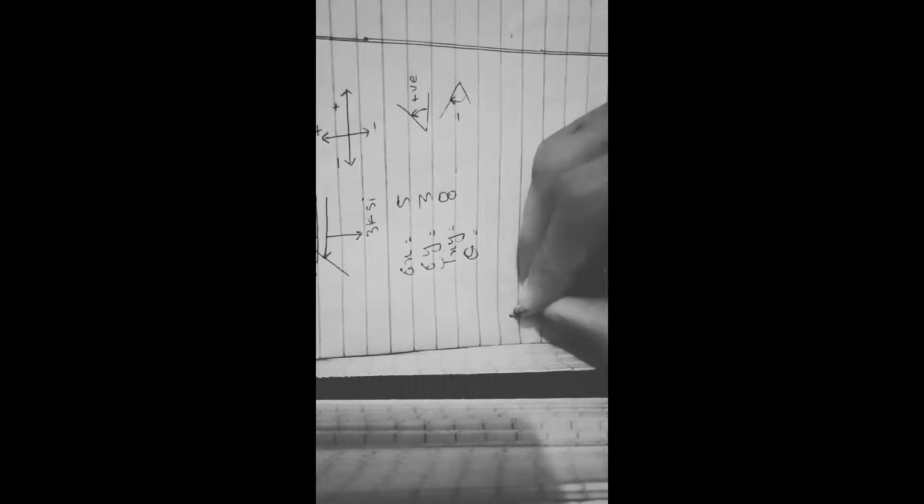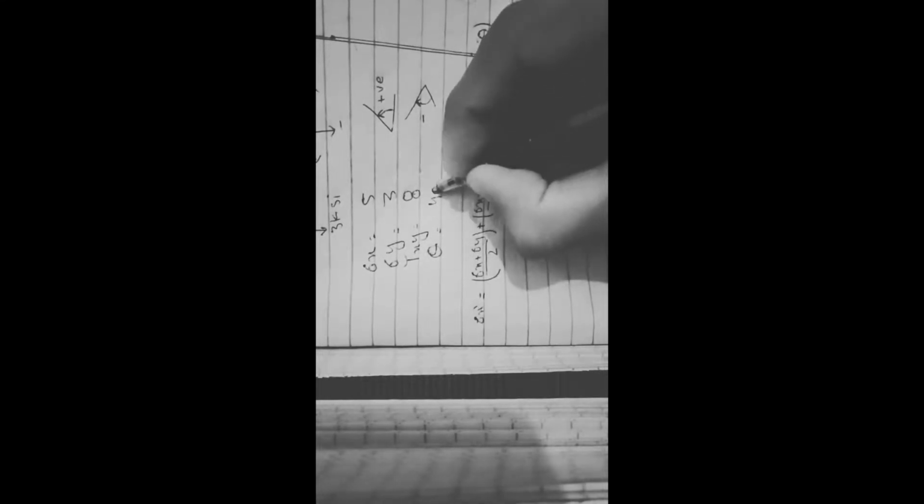Next we will calculate sigma x dash and sigma y dash. Sigma x dash has the formula: (sigma x plus sigma y) over 2 plus (sigma x minus sigma y) over 2 cos 2 theta plus tau xy sin 2 theta, and our theta will be 40 degrees positive.